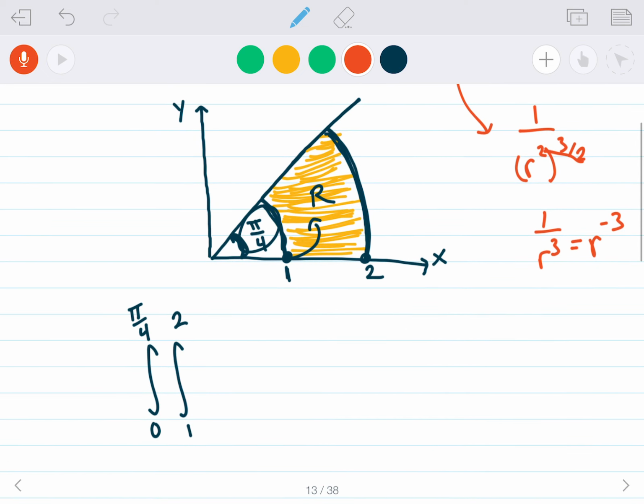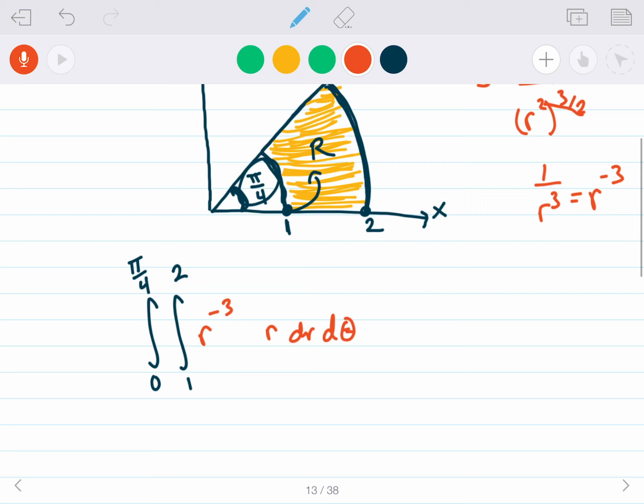And that's it. So we're just integrating r to the negative 3. Now don't forget this r that's hanging out. Whenever we're doing dA, we want to replace it with r dr d theta. Don't forget this r. I always forget. That's why I'm telling you guys to not make the same mistakes as me.